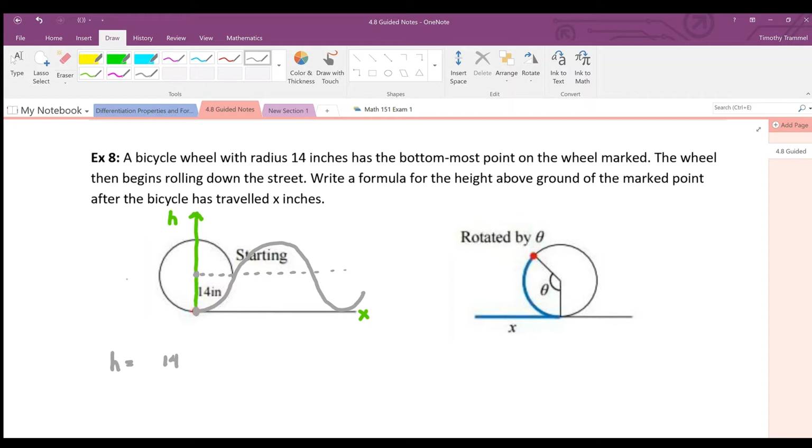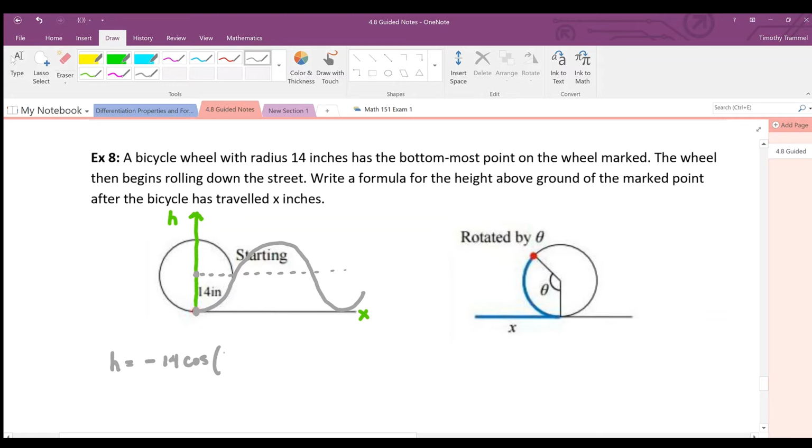But cosine starts at the top of the wave. And if we just multiply cosine by -1, that'll reflect it across the x-axis, and it'll have the desired effect. We'll get something that looks like this. So we're going to go with -14 cosine, and then we'll have something times x here.